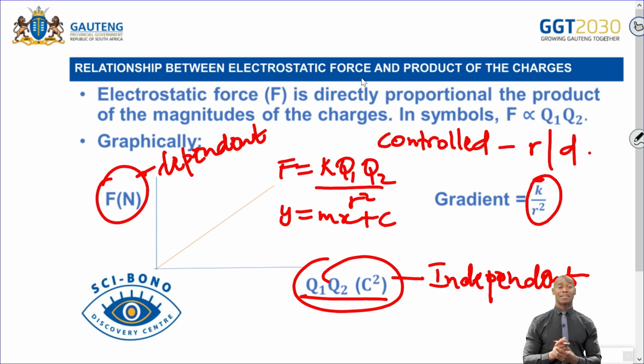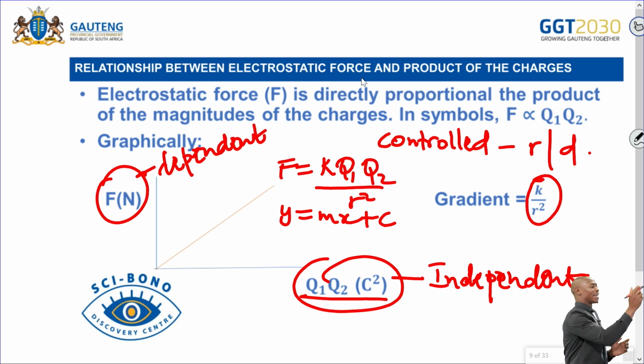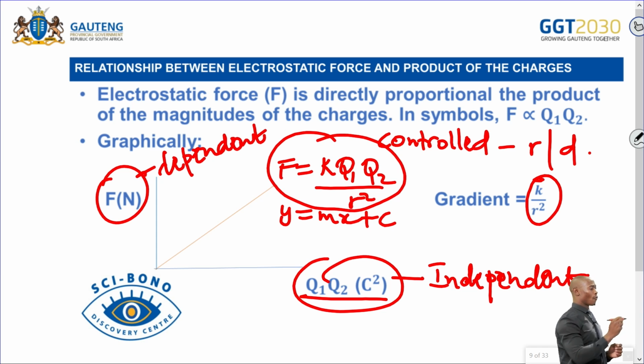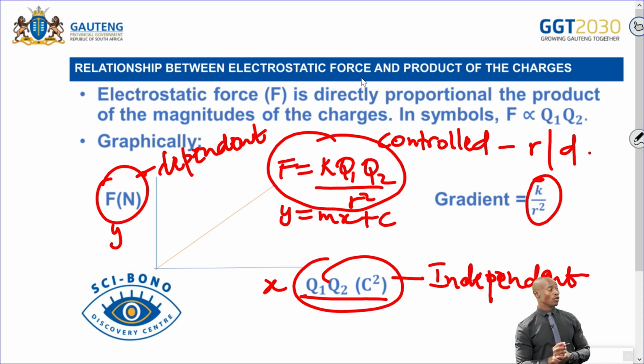So it's y equals mx plus 0, which is y equals mx. We need to arrange this equation in the form y equals mx, making sure that our y is F and our x is Q1 Q2.